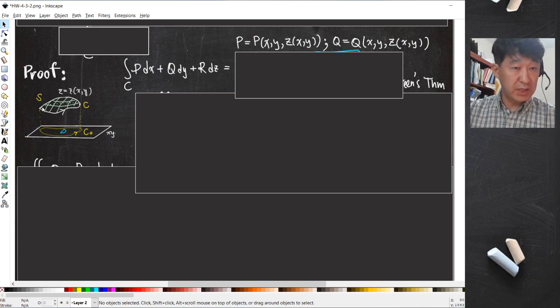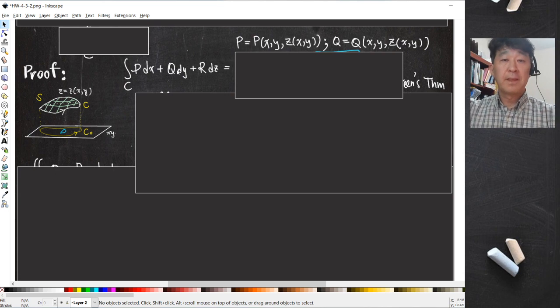Even this curve C is going to be projected down to the xy plane, and it's guaranteed that there will be no overlapping because it came from the graph of a function: over each point there's only one point up there. Green's theorem can be applied to that kind of thing anyway, but that's the geometric interpretation. So if we replace everything involved in this line integral in terms of x and y, you can look at this as a line integral in x and y, and it can be interpreted as projecting everything down.